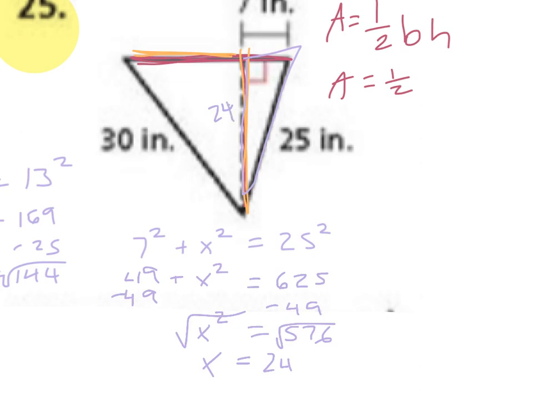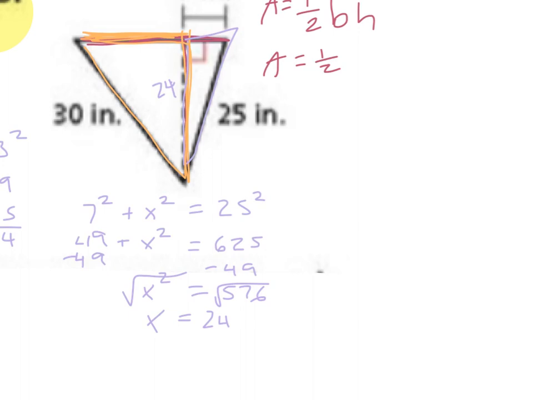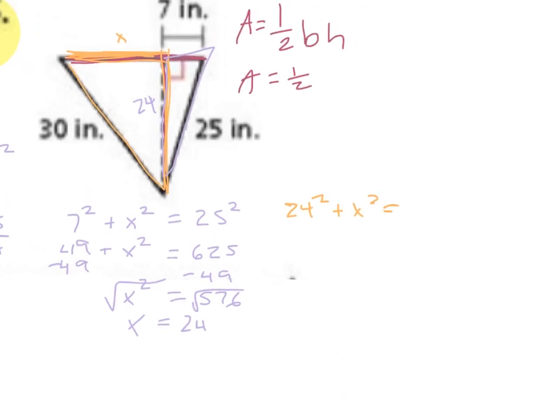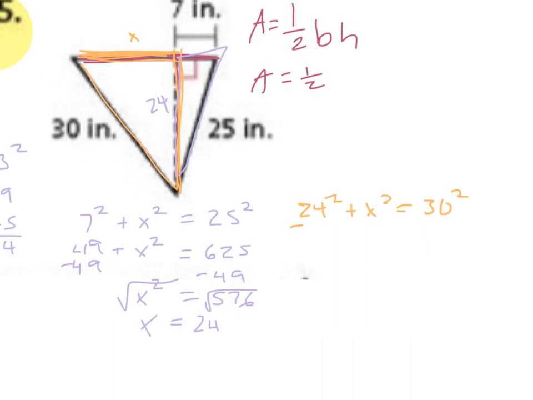So now that we have two sides of this triangle to the left, we have the hypotenuse and one of the legs, we can find this part here. So again, we have to do Pythagorean theorem. So we have 24 squared plus x squared, so now we're calling this part x, is equal to 30 squared. 24 squared is 576 plus x squared is equal to 30 squared, which is 900.